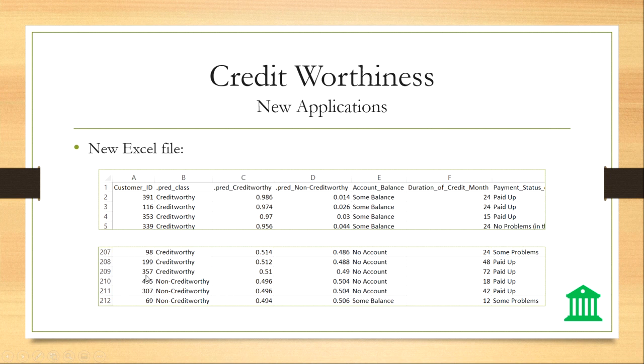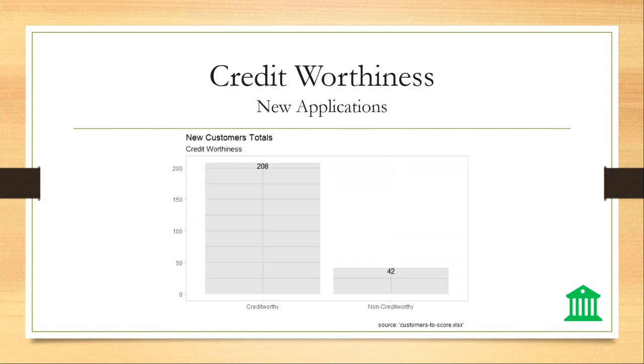Customer 357 is right at the edge at 0.51, and customer ID 495 is non-creditworthy at 0.496. When we do this for all 250 records, we end up with 208 creditworthy customers and 42 considered non-creditworthy.